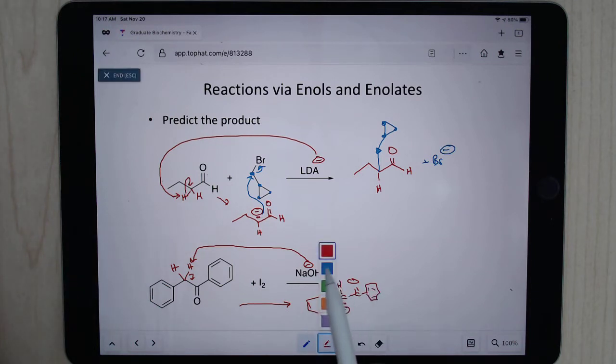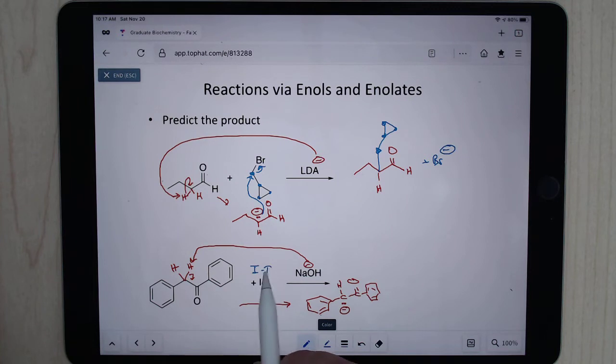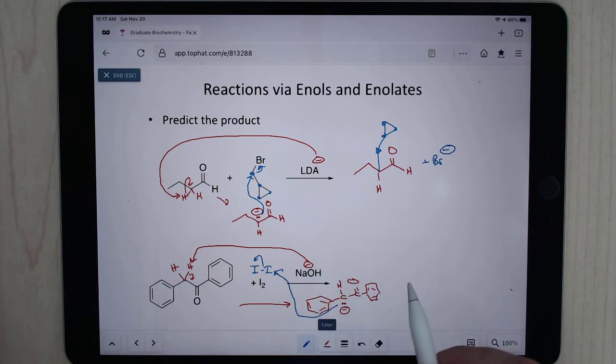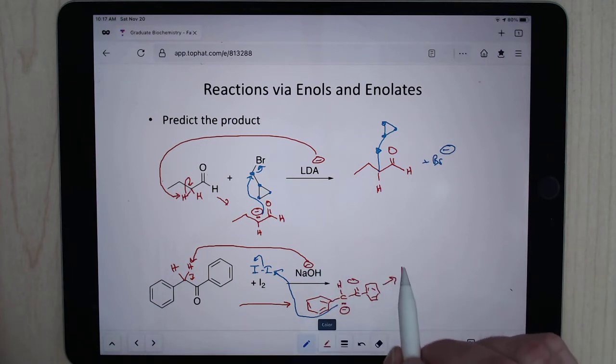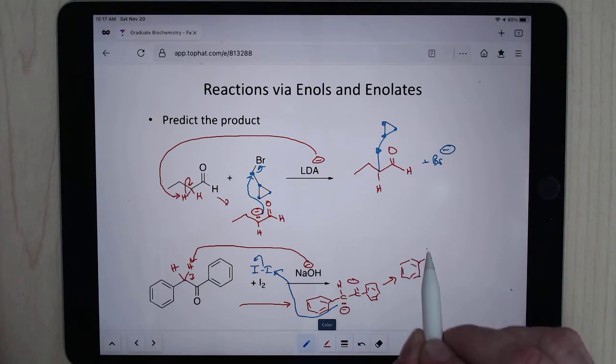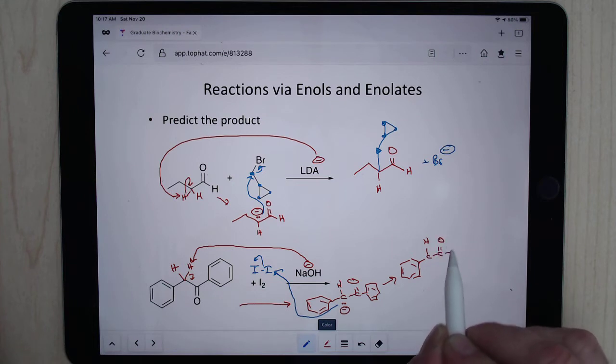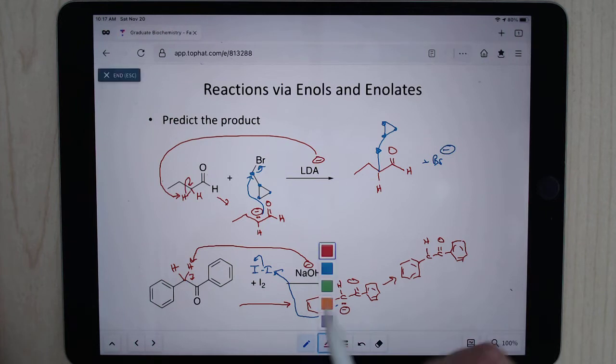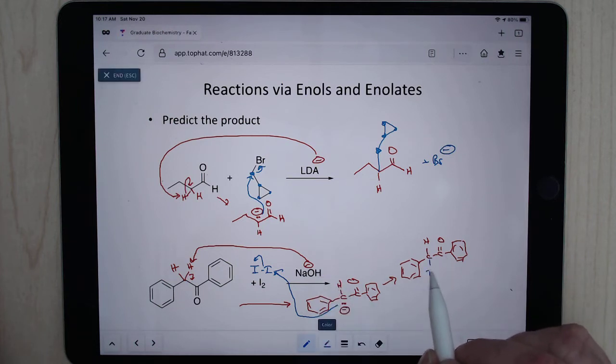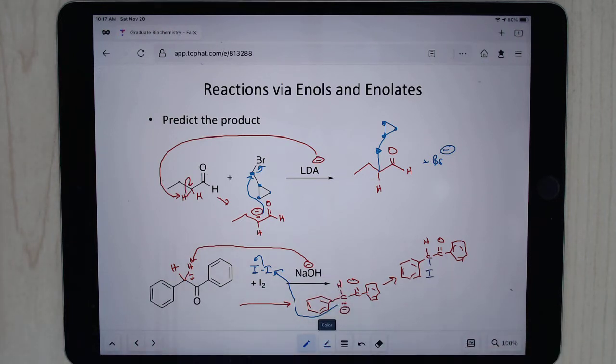And then that's going to attack the I there, displacing it, and so what you're going to end up with is an iodine where that acidic CH was, plus I minus.